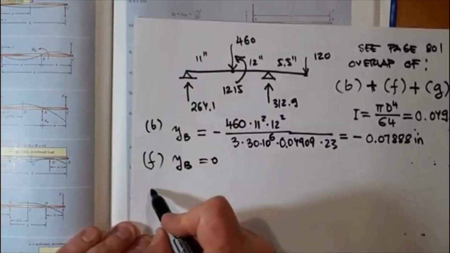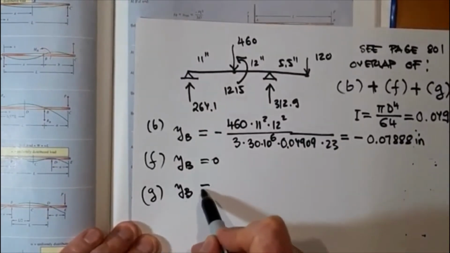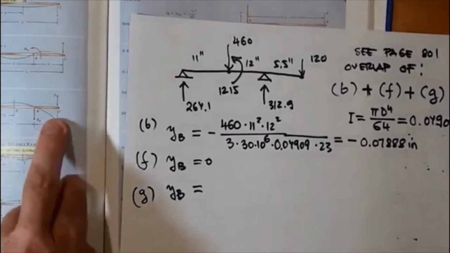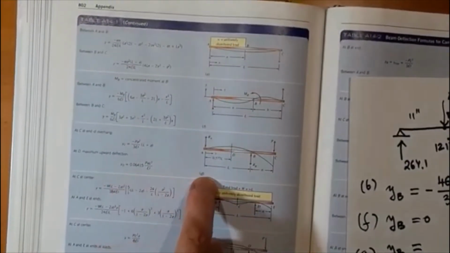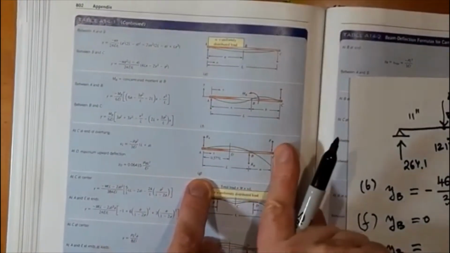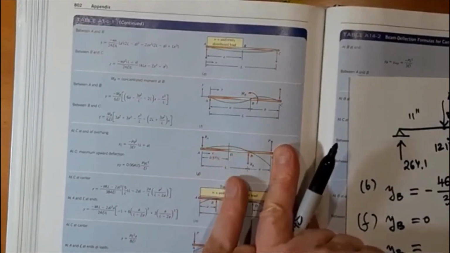the case G, and I have y at B caused by just the cantilever, and this is, let's see, so I'm looking at a down force, and I want to calculate x.